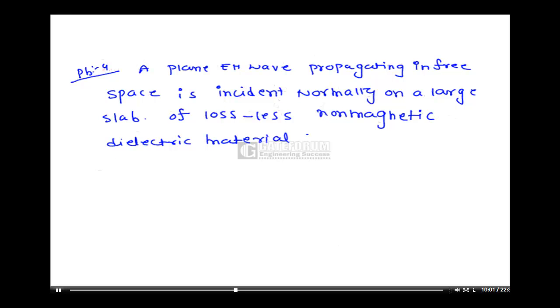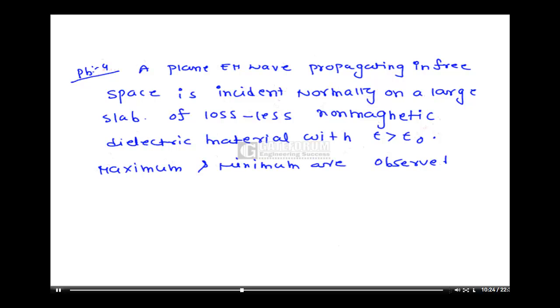with epsilon greater than epsilon naught. Maximum and minimum are observed when the electric field is measured in front of the slab.